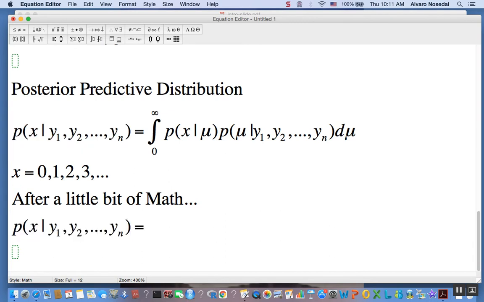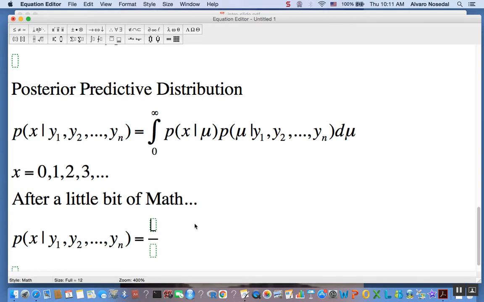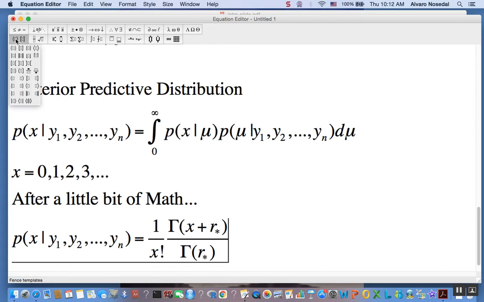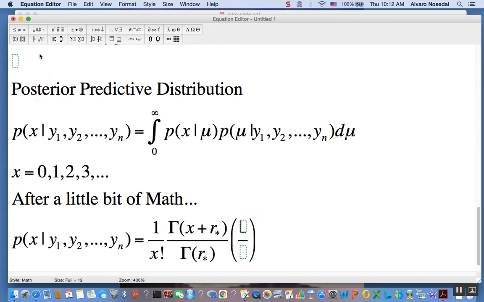Our posterior predictive distribution looked like this: 1 over x factorial times the gamma function evaluated at x plus r star, the parameter r for the posterior, then divided by the gamma function evaluated at r star, times a fraction where the other parameter v star is involved.